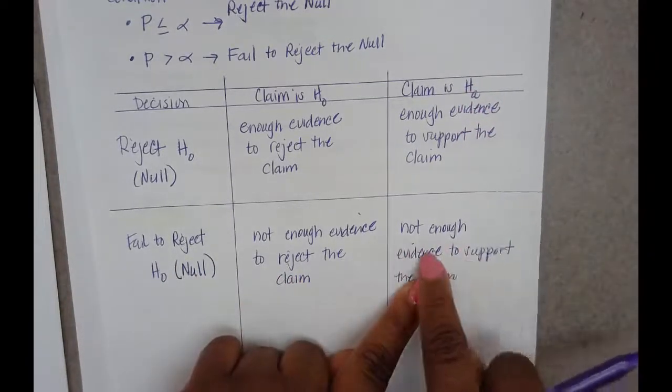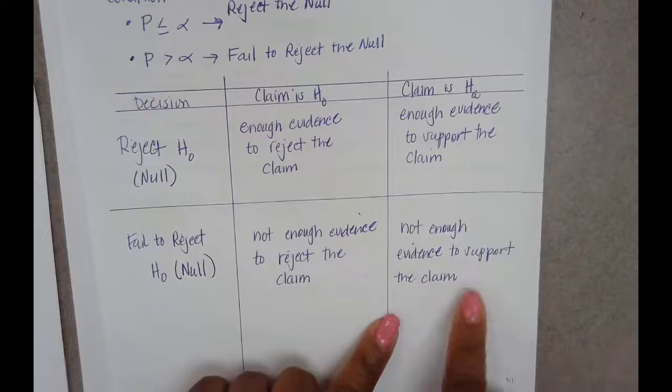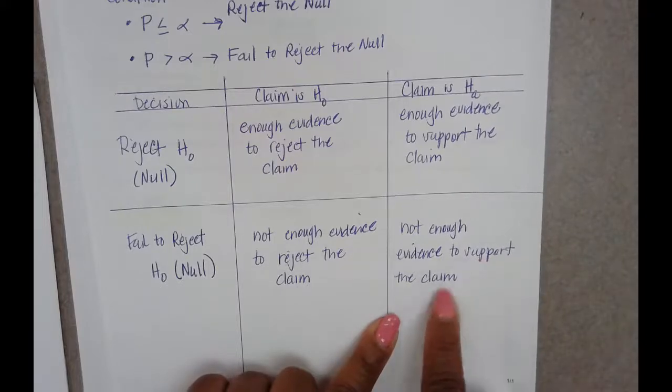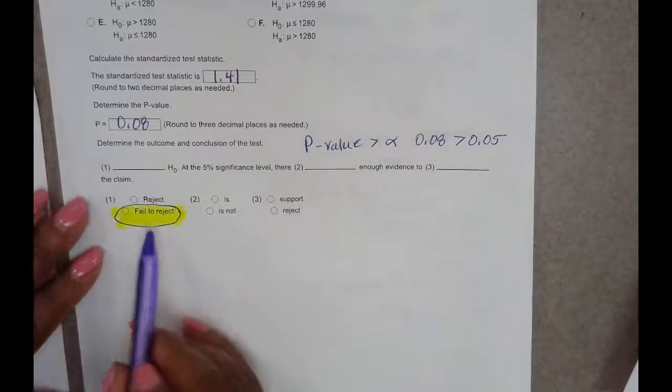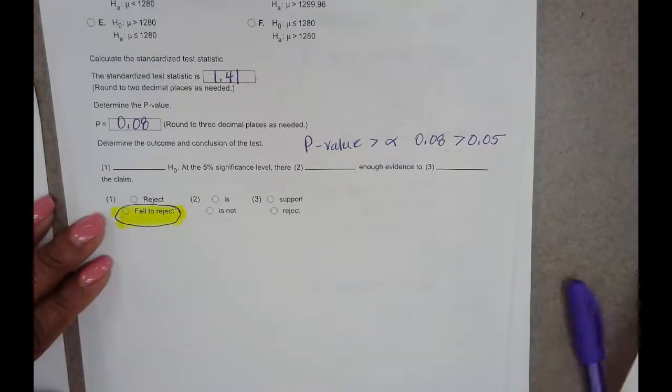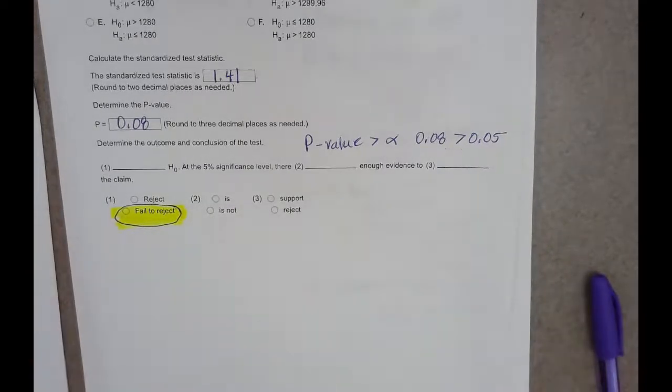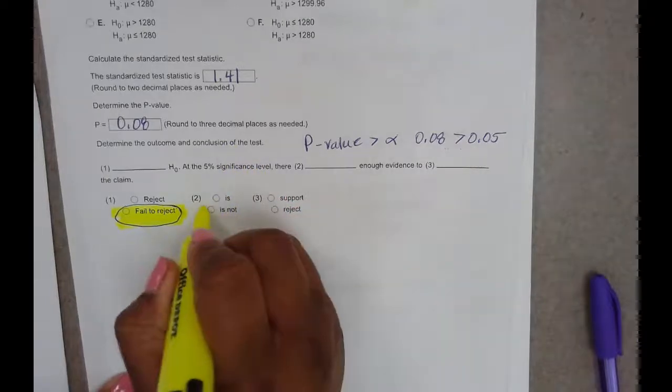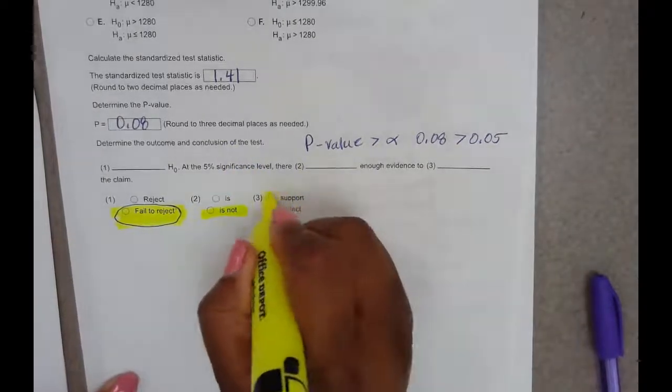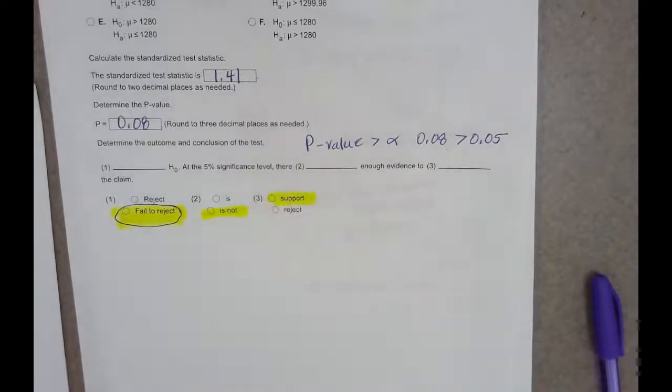There's not enough evidence to support the claim, and that's the words I use. So I'm failing to reject because there is not enough evidence to support the claim.